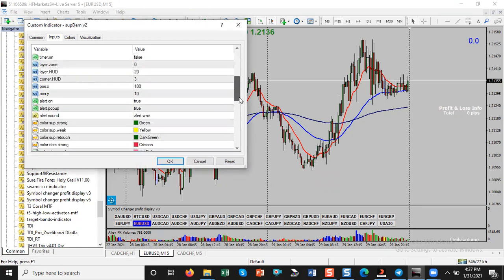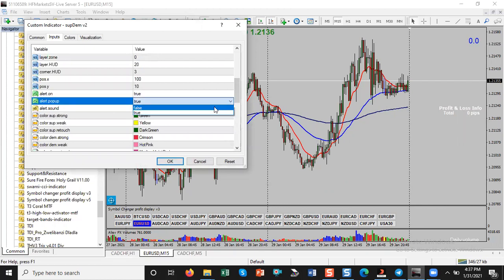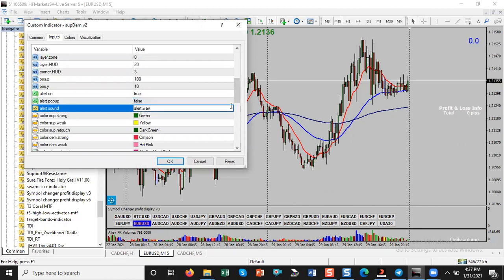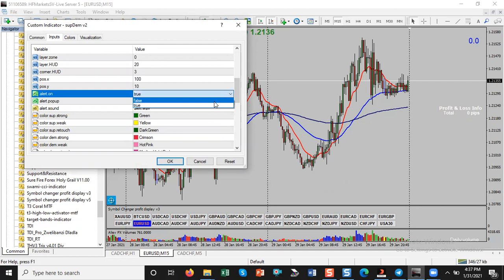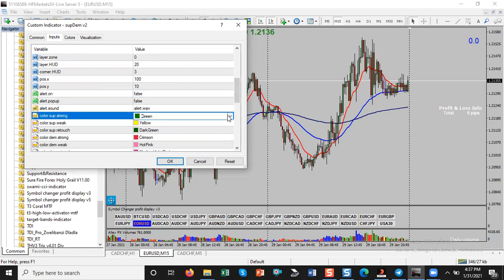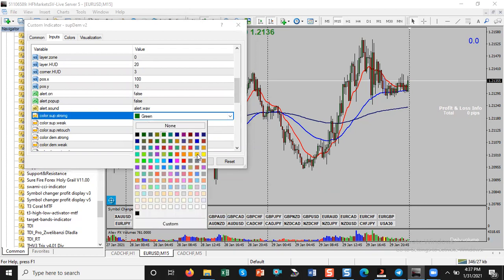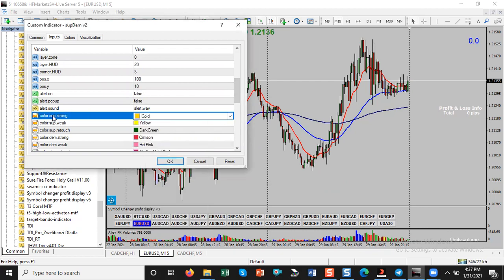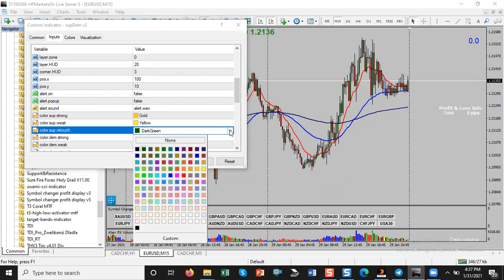At the same time, we are not going to be needing the alert. So for this color, change this to gold. That is color supply strong, gold. Then come to color supply retouch, and we change it to yellow.